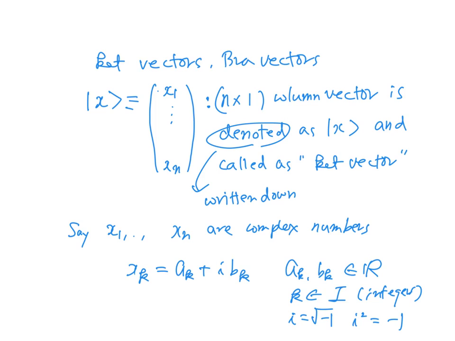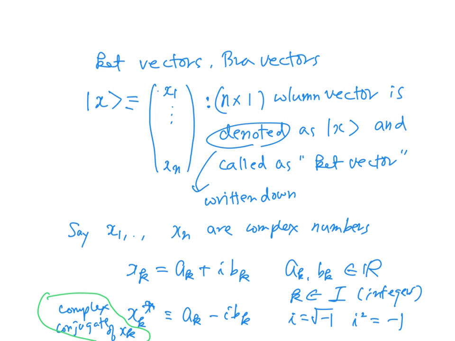Then we can define the complex conjugate, ak minus i bk, which is called the complex conjugate of xk, denoted with a star.